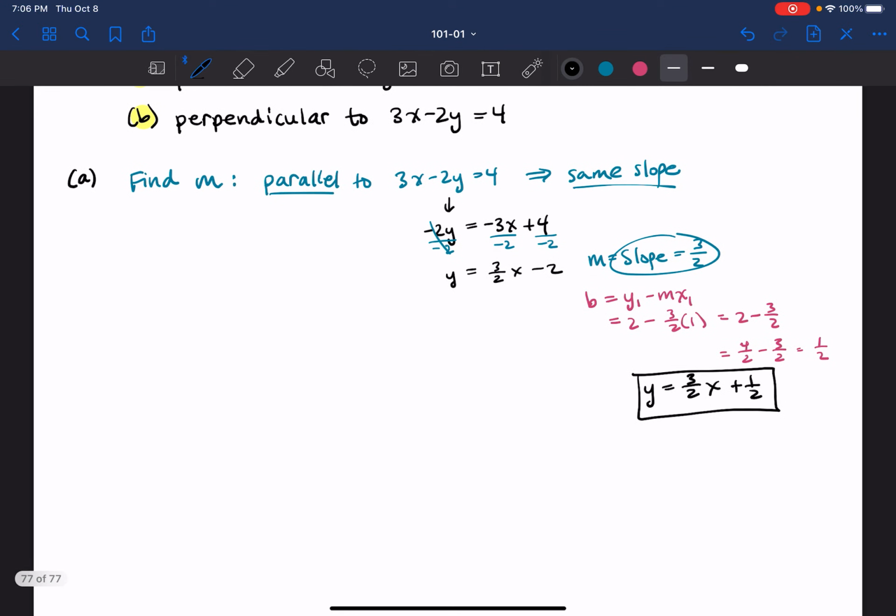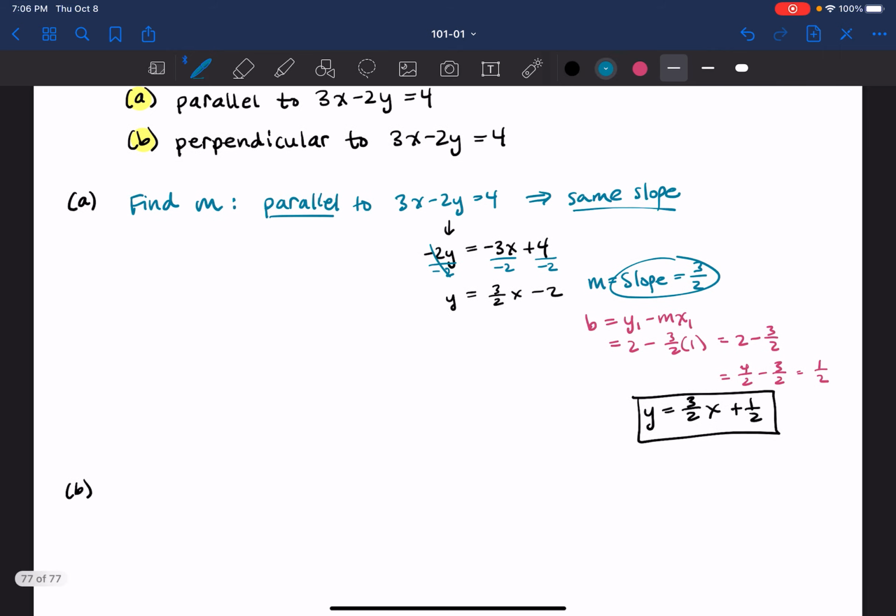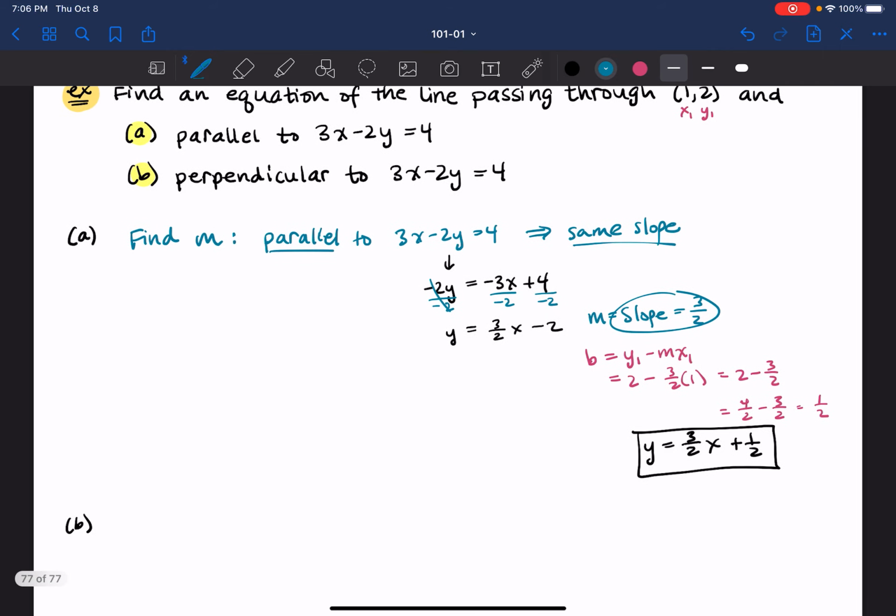All right, for part B, we're looking for the line perpendicular to the same line, but now with the same point. Again, we need to find m. Perpendicular, I'll remind you what that means. Perpendicular to 3x minus 2y equals 4 means they have negative reciprocal slopes.